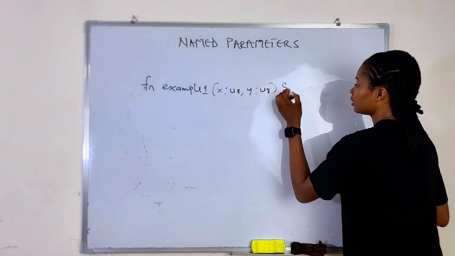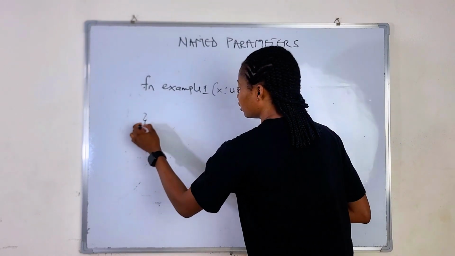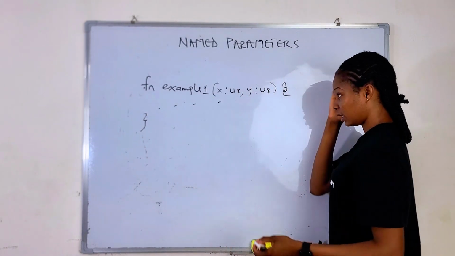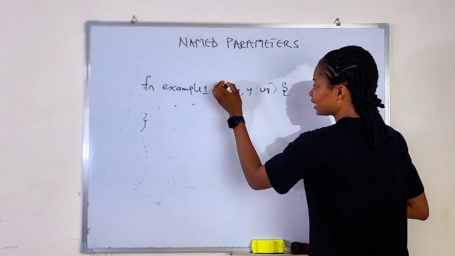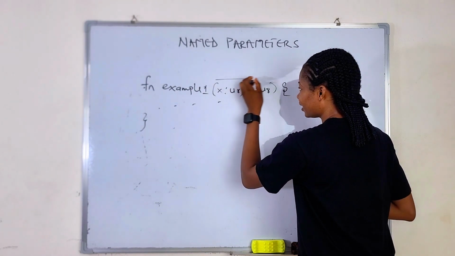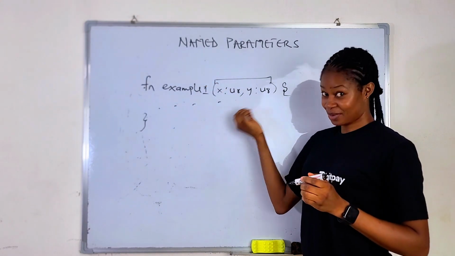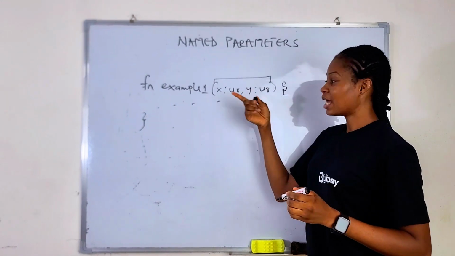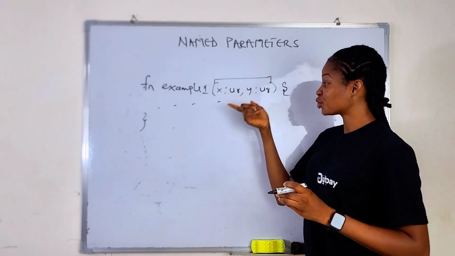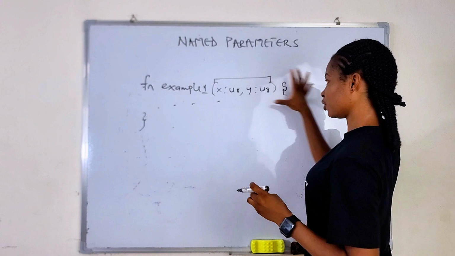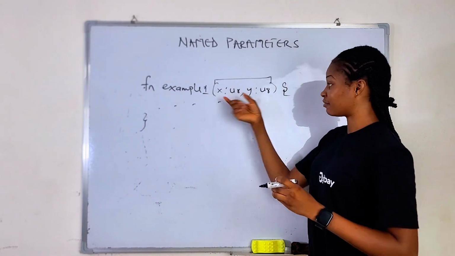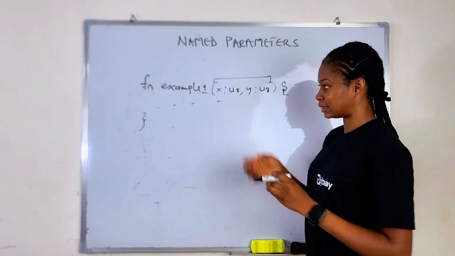And then it takes a body and some code here. So these two guys here are known as parameters, because they are part of the function signature. These are variables that are part of the function signature.